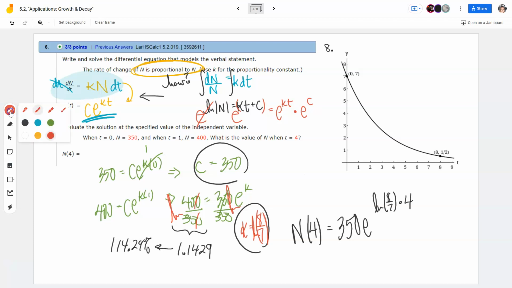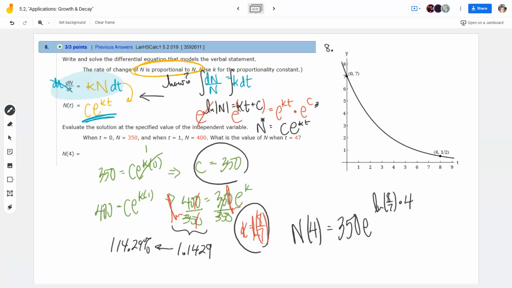If you were doing this in WebAssign, it might have had a C1 and a C2, and this might have been a C3 once I move it all over. And e to the C3 would have been able to be rewritten as a C e to the kt. That absolute value gets absorbed into a plus or minus.